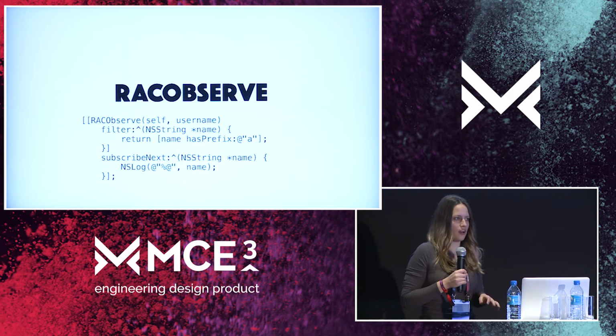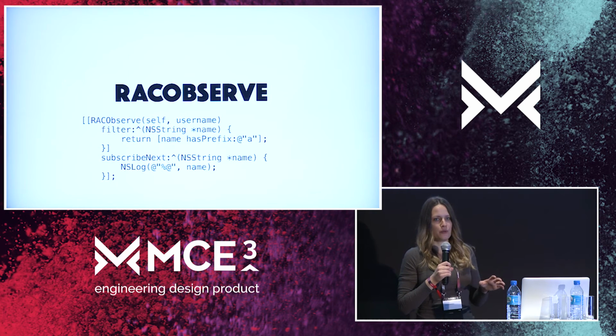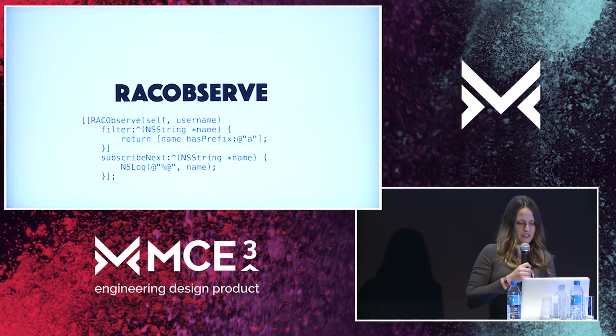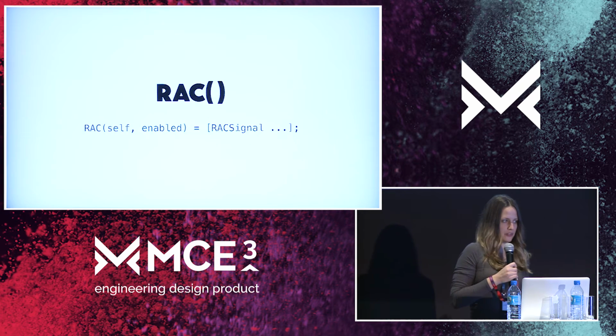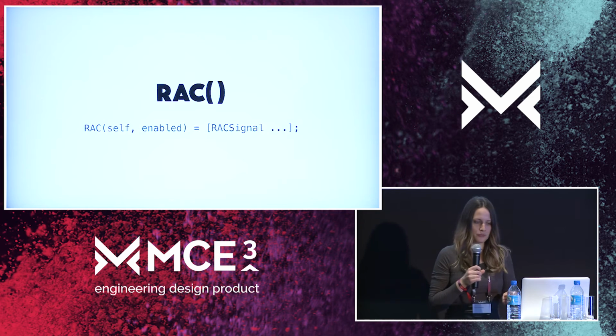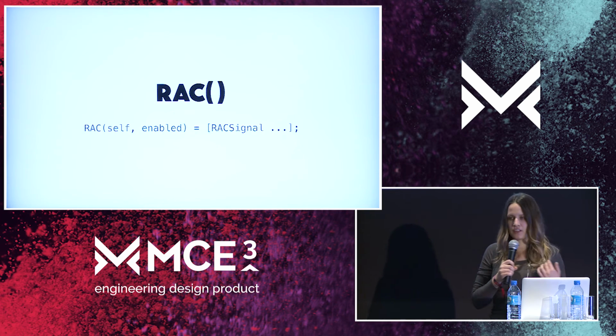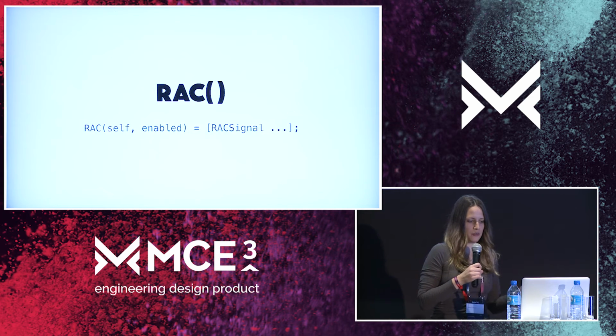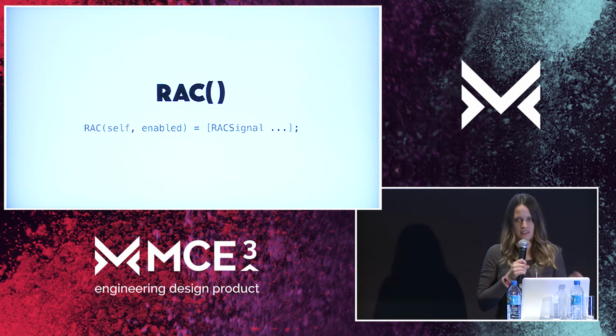And if you, for example, want to combine it to another stream, it's really handy to have these macros. For example, the other way around is RAC, because we can actually update a property's value with this macro based on a signal's values. So you can just combine it all together.